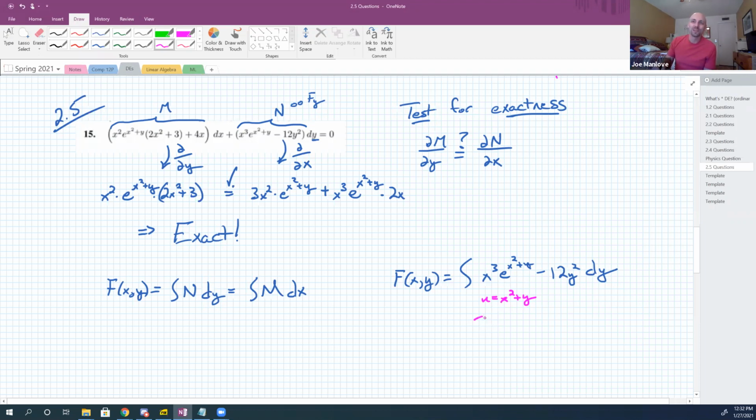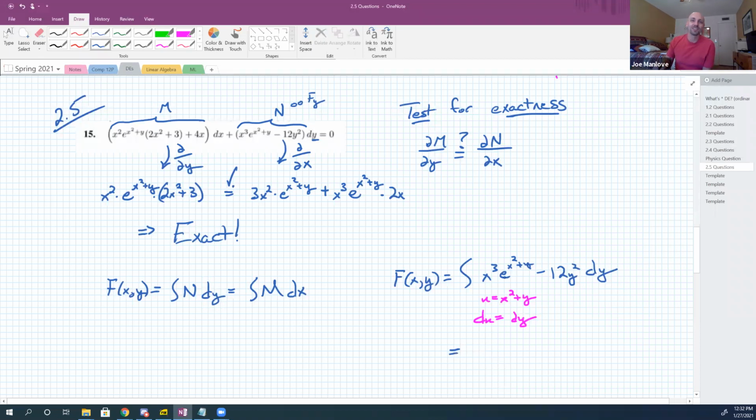So quick u substitution. Du in this case is what? dy. Yep, just dy. And then the other one's just straightforward integration, right? So this guy's going to give me, oops, not the integral. What am I doing?